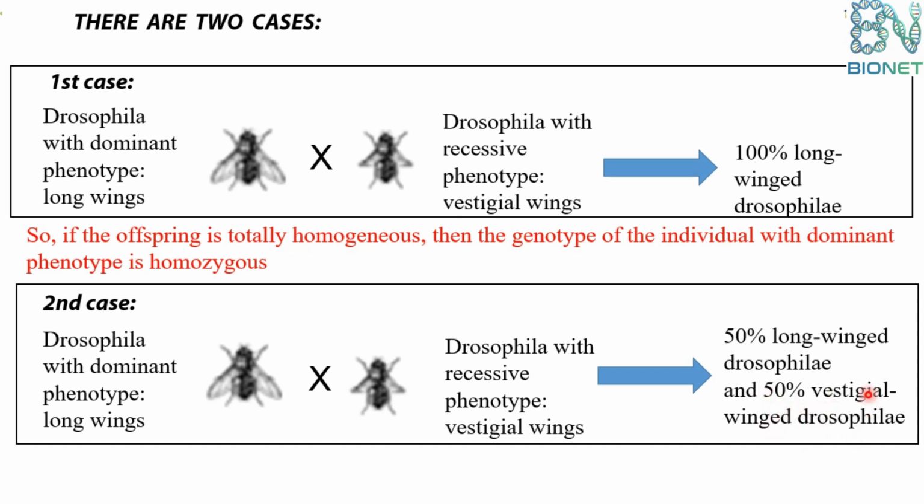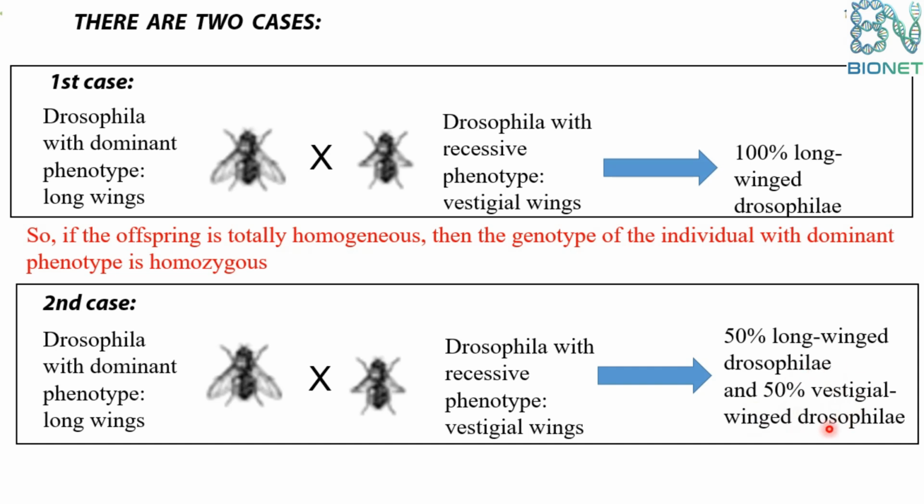For the vestigial wings to appear in the descendants, the genotype should be VV. Each allele V should come from one parent. This Drosophila will give the allele V, and this Drosophila also will give the allele V. Then the genotype of this one is LV.